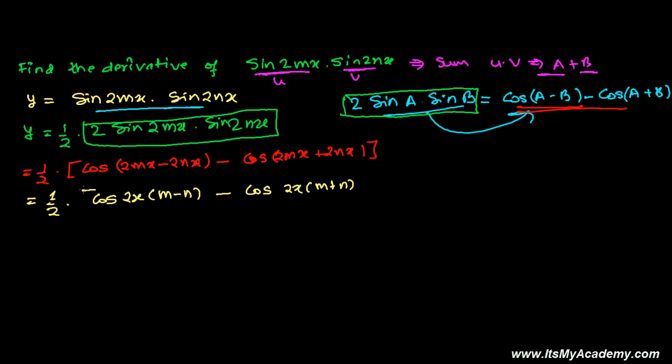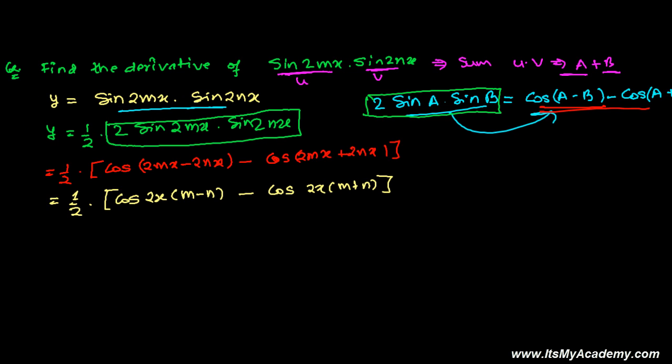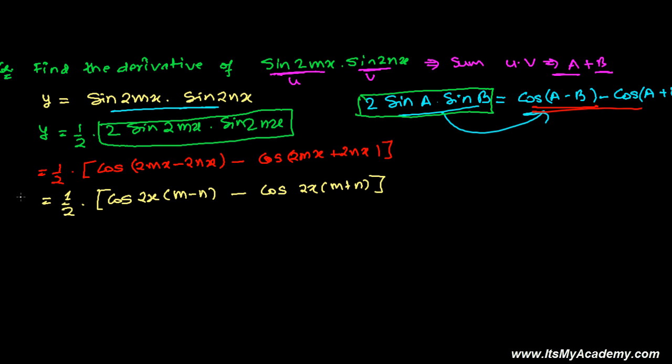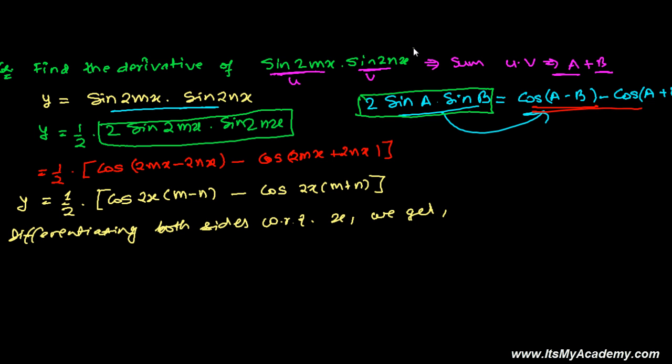Now we can easily differentiate this. Differentiating both sides with respect to x, this is our y, so we get dy over dx equal to half, which is a constant and comes outside, times the derivative of cos 2x(m minus n) with respect to its angle.